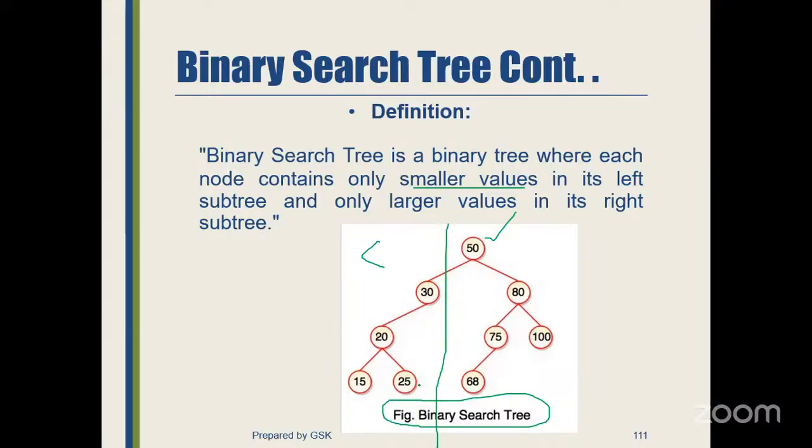If you observe the right subtree values, 80, 75, 100, 68, all are greater than 50. In such a way, we need to arrange the values. So that is the definition of a binary search tree.